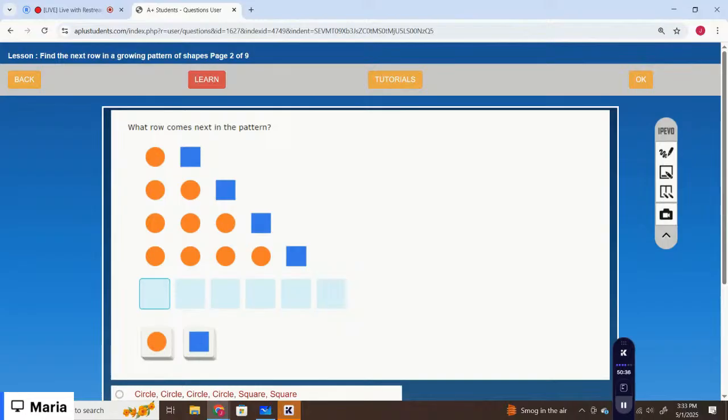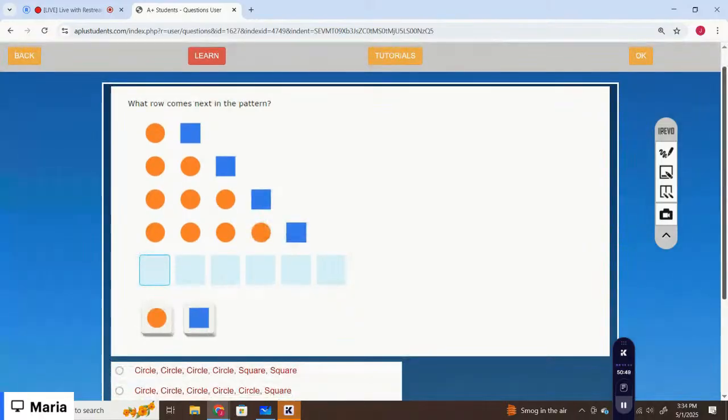What row comes next in the pattern? Okay, so that is circle, square. Then we have two circles and square.